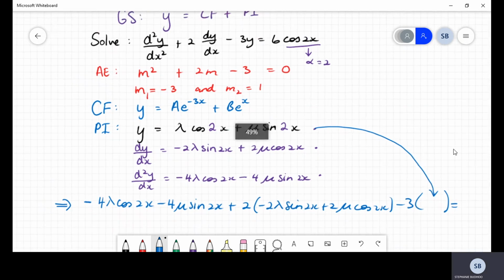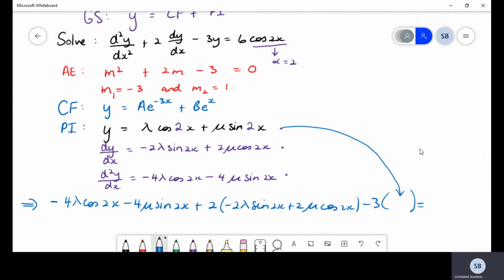Let's see if I can get that part on screen because it's very important. So we'll equate that to 6 cos of 2x. Now essentially what you do when you write out your very long statement is you try your best to equate coefficients of constants, of the term in x, and in this case, of trigonometric functions.